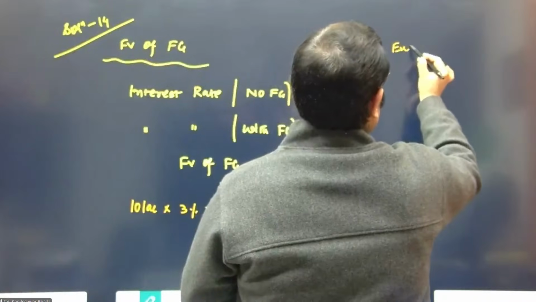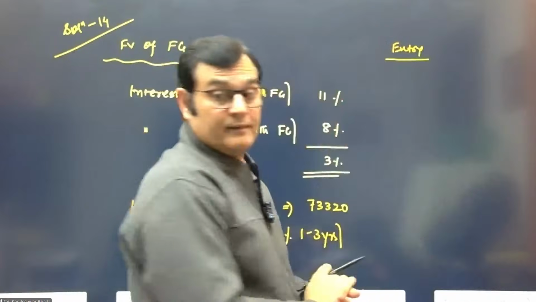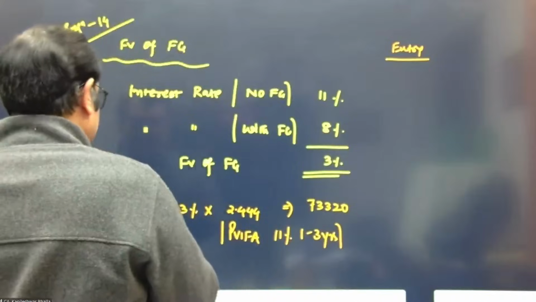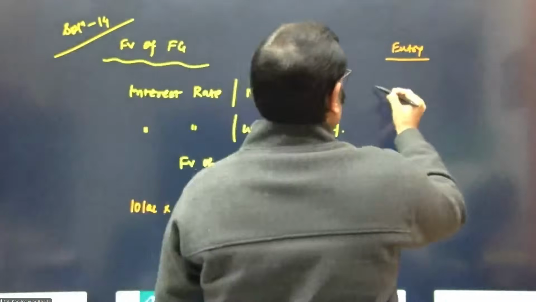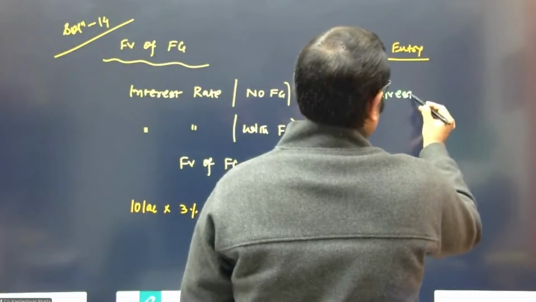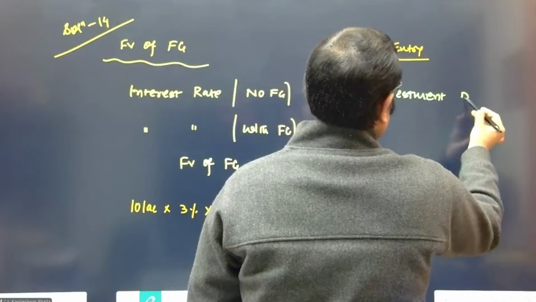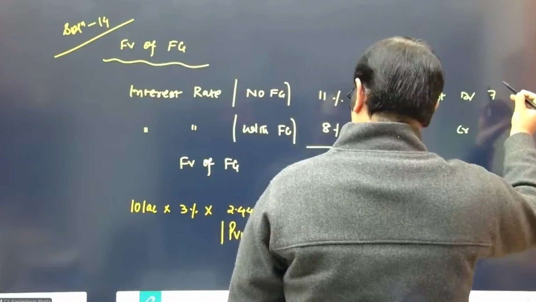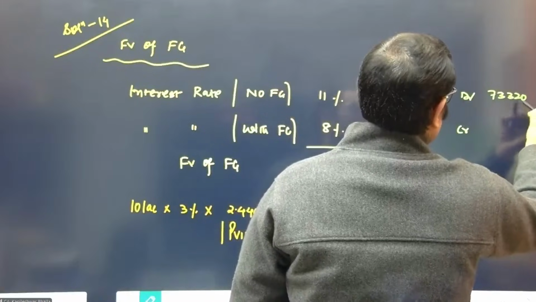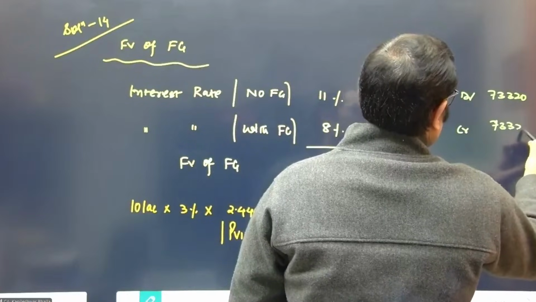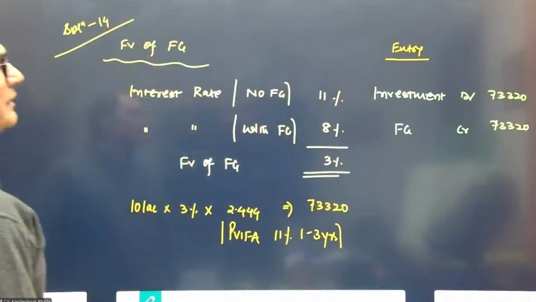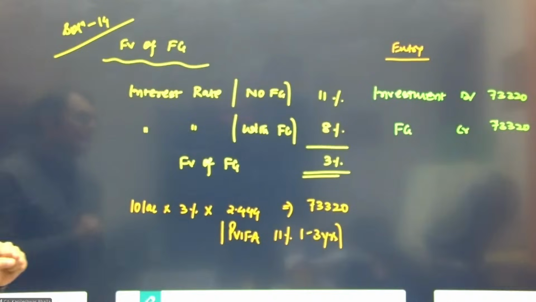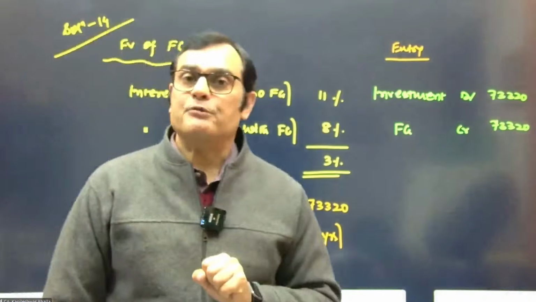Deemed investment. Yes, it is going to be investment in the subsidiary. So investment in the subsidiary gets a debit, and the financial guarantee gets a credit, to the extent of 73,320. So this is the initial recognition of the financial guarantee at the fair value, the difference in the interest rate, captured in the absolute data.